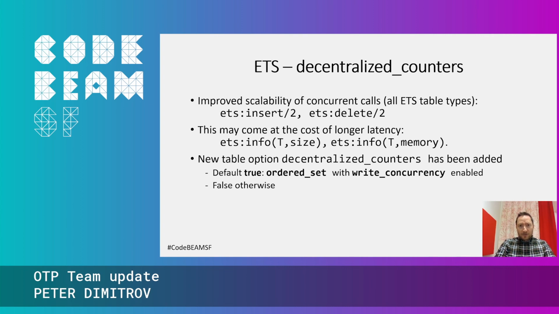A new table option, decentralized_counters, has therefore been added. It is default true for ordered_set with write_concurrency enabled and false for all other table types. This option has no effect if the write_concurrency option is set to false.